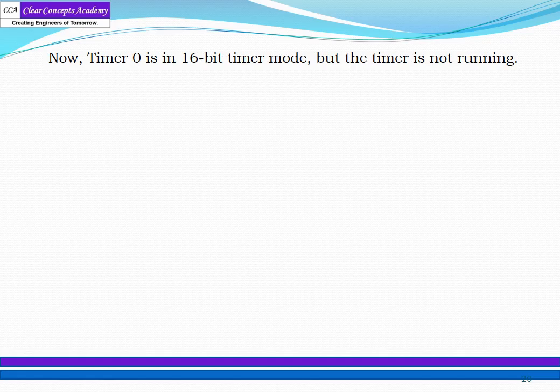Now timer 0 is in 16-bit timer mode, but the timer is not running. Why? To start the timer running, set the TR0 bit by executing the following instruction. Now set TR0.